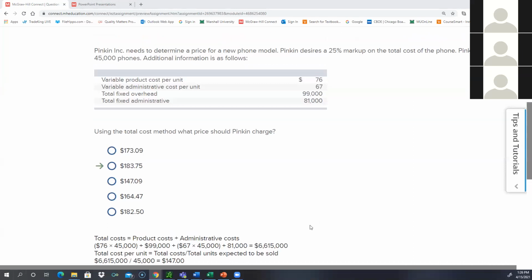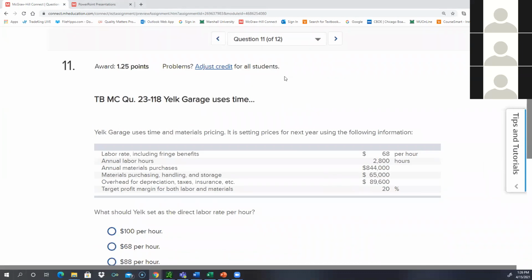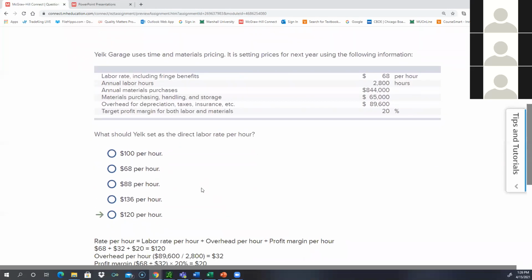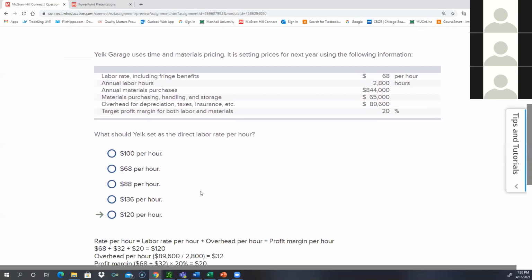Yep. Number 11 was the direct labor rate per hour. It's a little bit different, but should not be a problem.